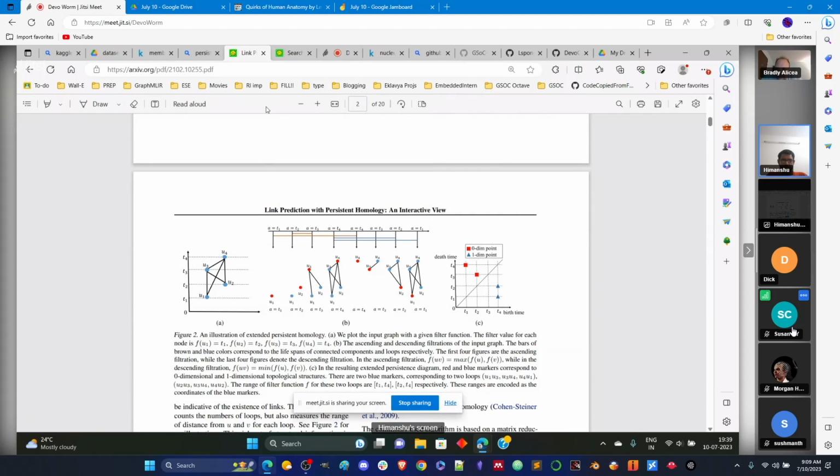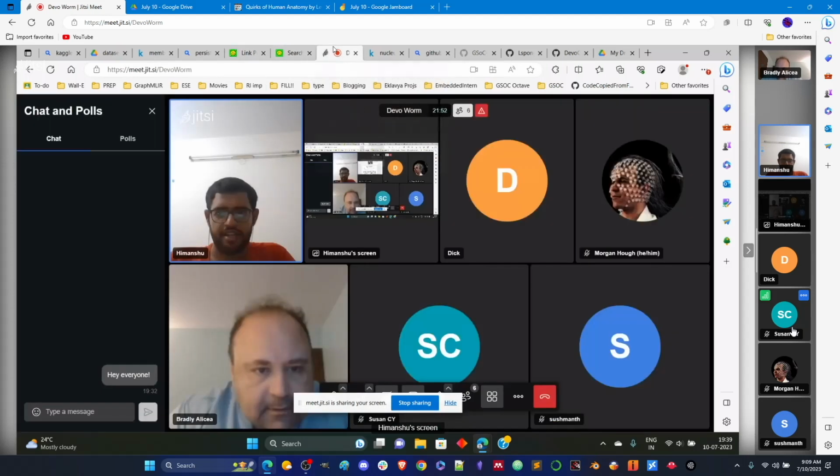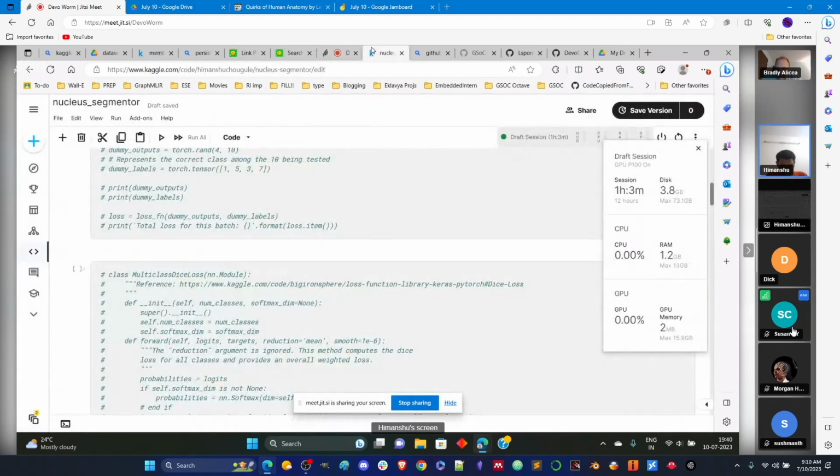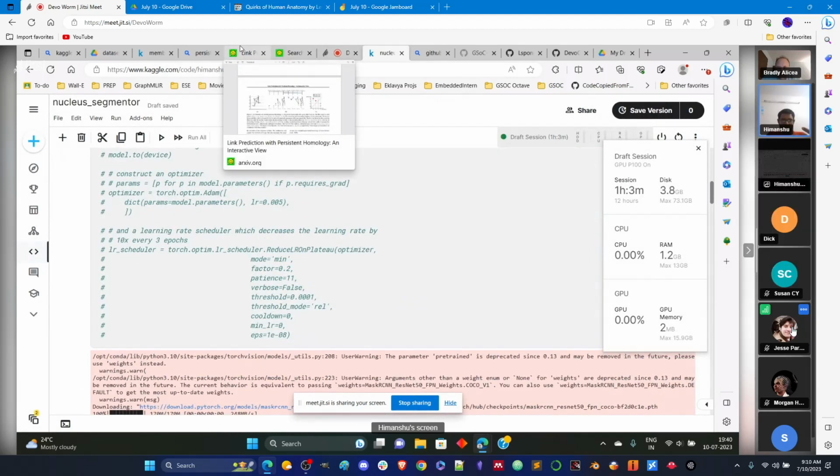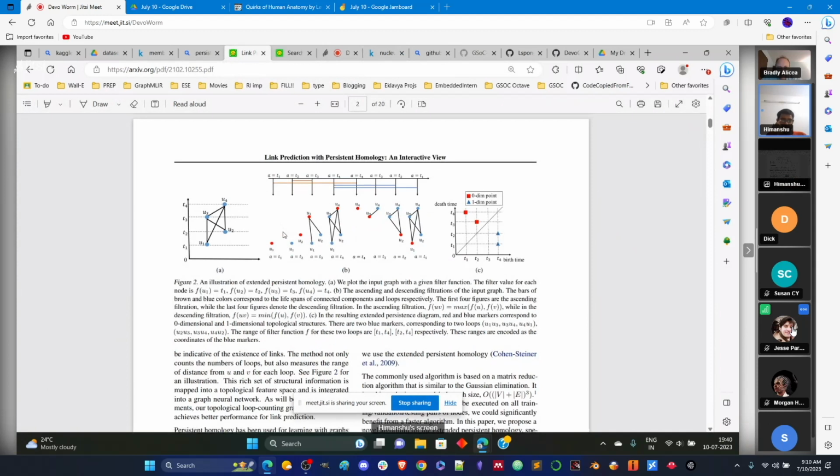So now I'm just looking into the papers part of it, like reading materials and all.